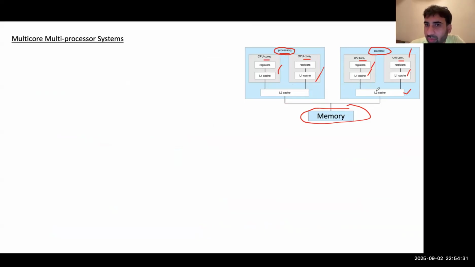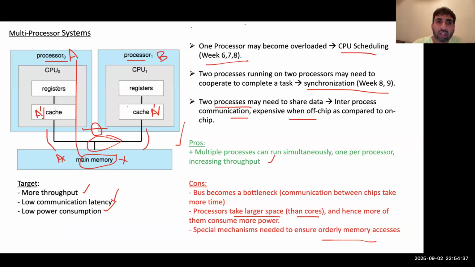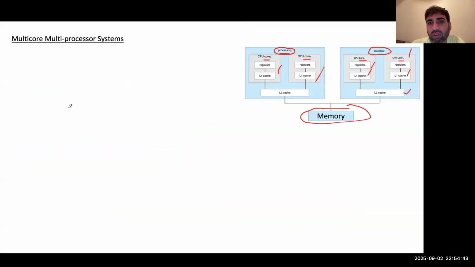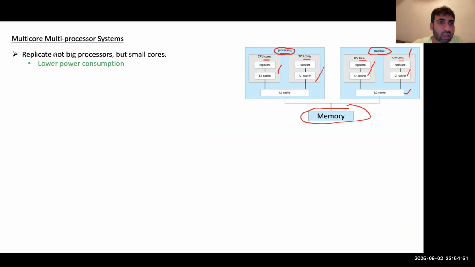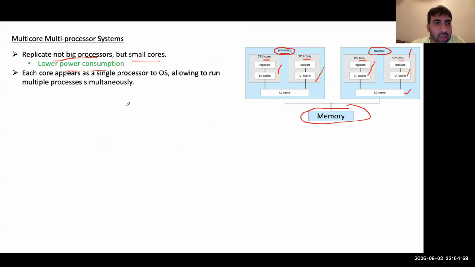So it means that you are replicating a smaller amount of components as compared to the case where you replicate this processor 4 times, right? Since you are replicating fewer components, you will definitely consume less power as compared to replicating everything 4 times. So replicate not big processors but small cores, and as a result, you can achieve lower power consumption.